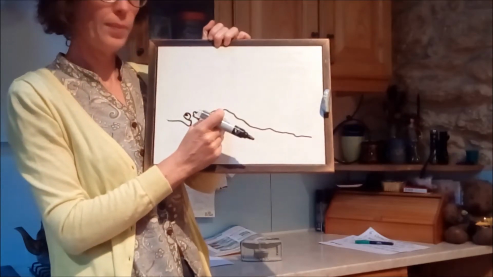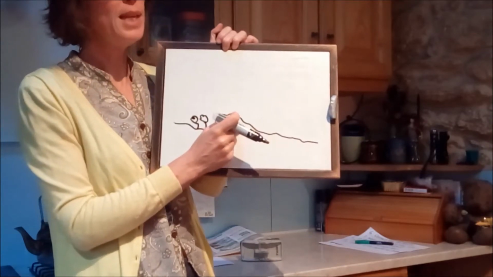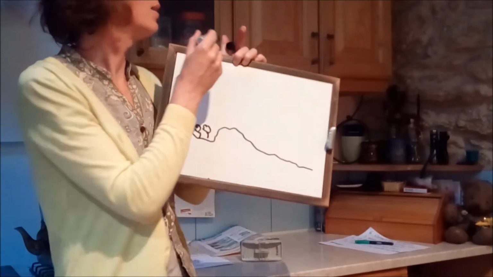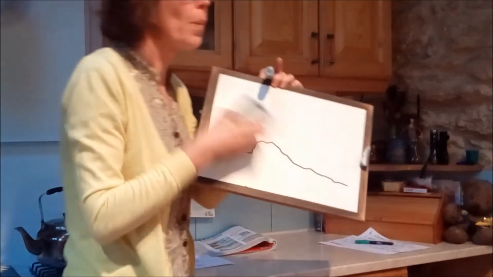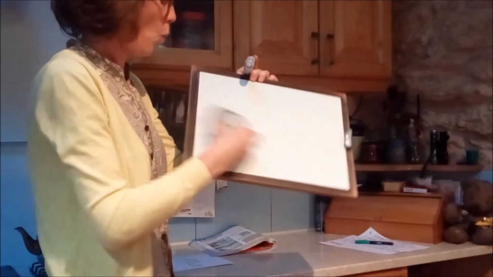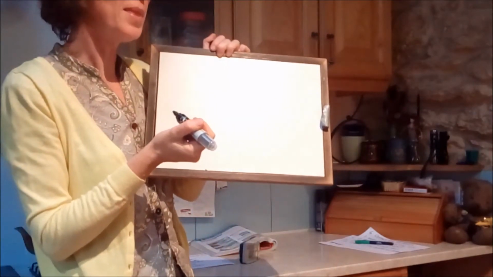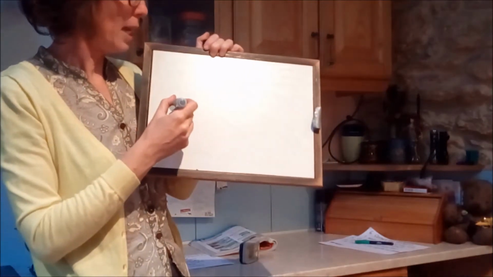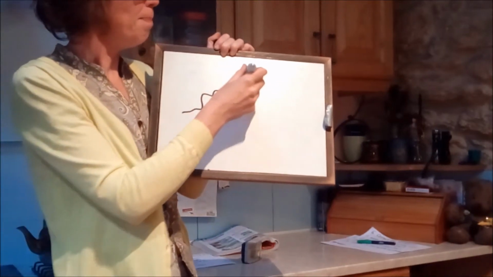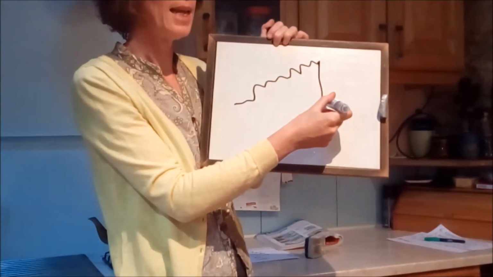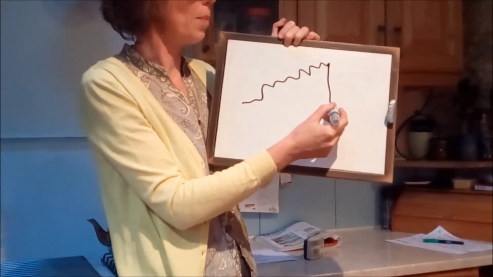What's this? It isn't a mountain, it's a hill. Well done. Next one. When we think about the beach, or sometimes when we think about a big mountain, there can be a big mountain here and woof, suddenly the land drops.